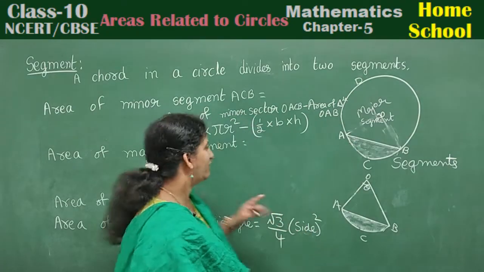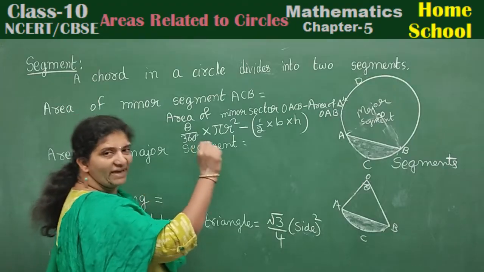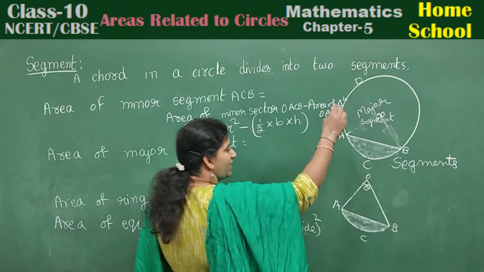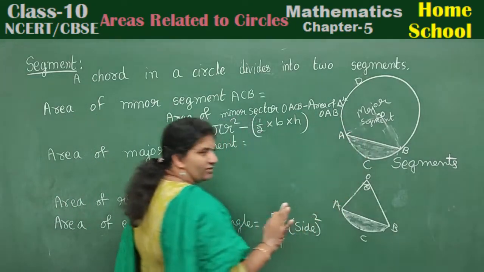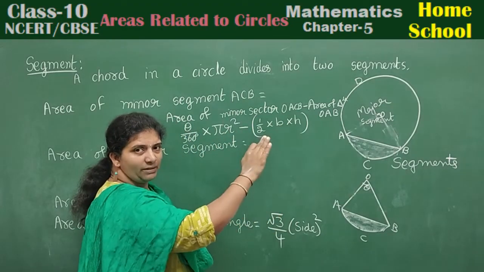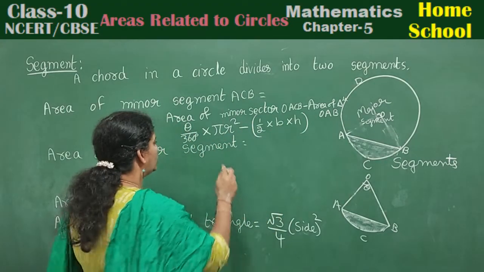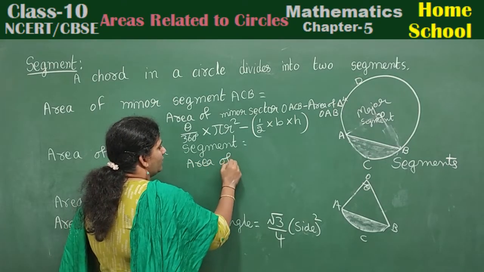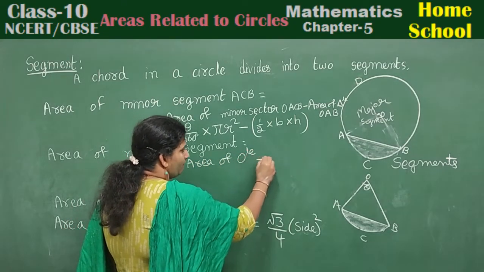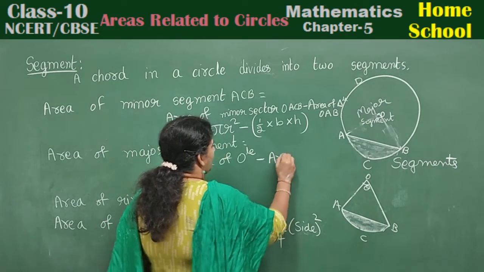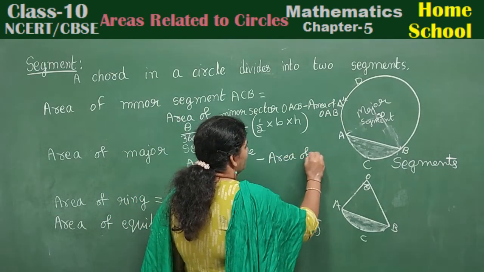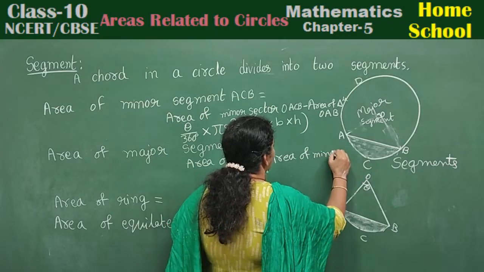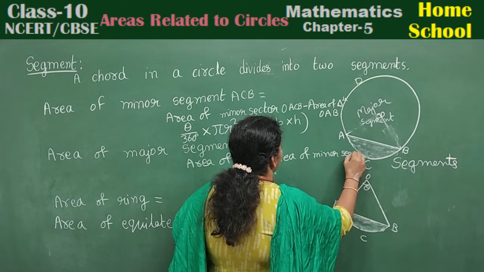Let's write here carefully. If you want, you can shade that and you can erase this one. Area of major segment is equal to area of a circle minus area of minor segment.